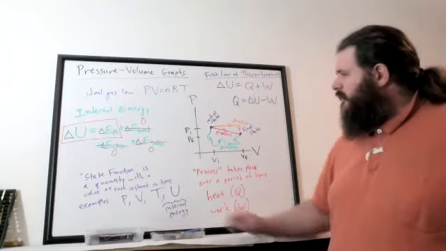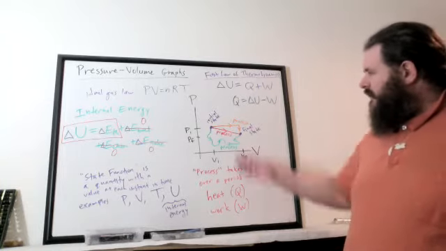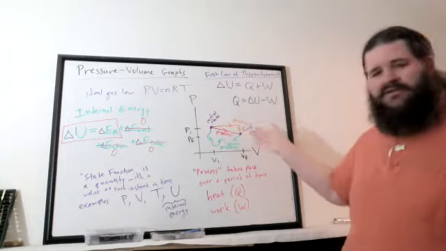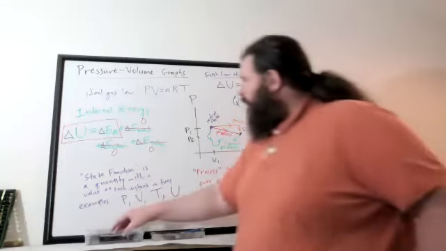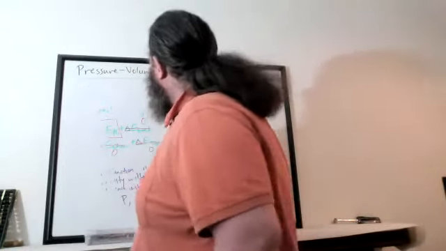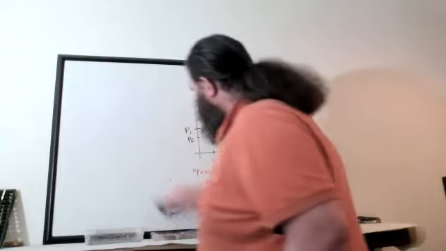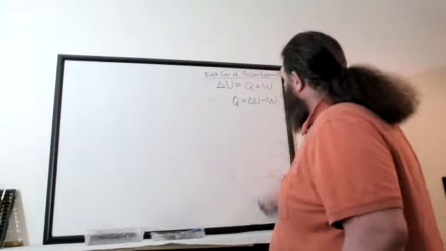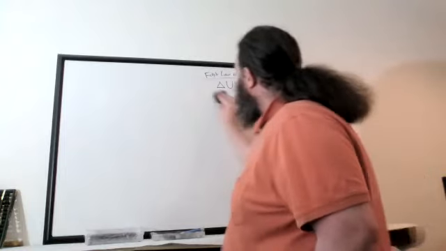Then let's take a look at a few specific types of processes. Because like I said, there are infinitely many different processes that could take you from initial state to final state. But there are some specific types of processes that become very predictable. And these are the iso stuff: isothermal, isobaric, isochoric, that somebody was mentioning earlier.